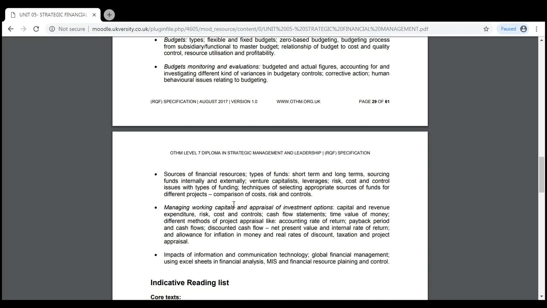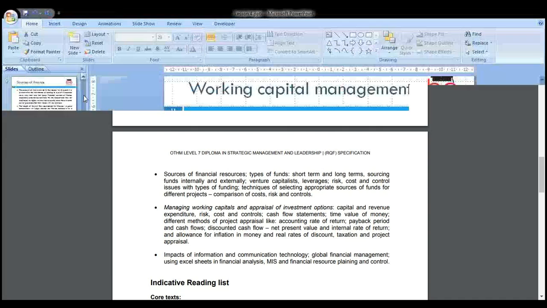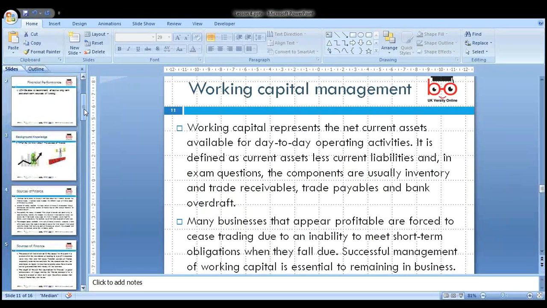Keeping all these in view, we can make a decision on which source of finance to use. Anybody have any questions? Then we'll go through our lesson today.